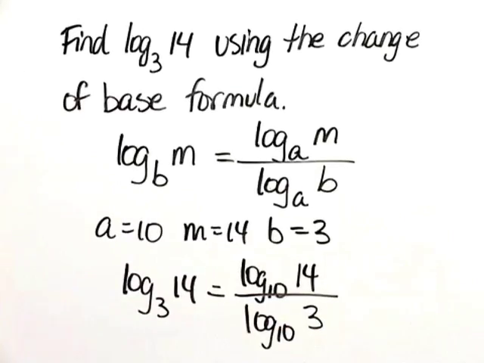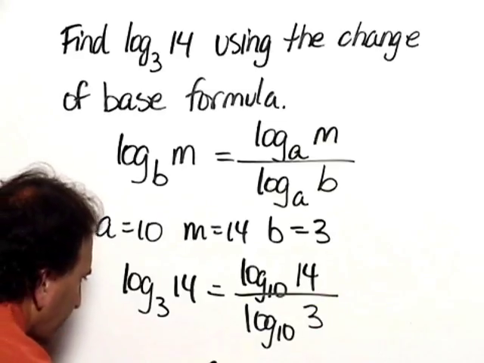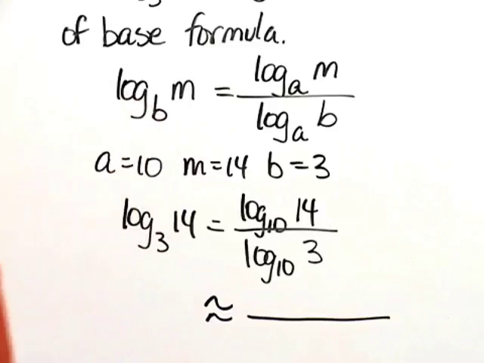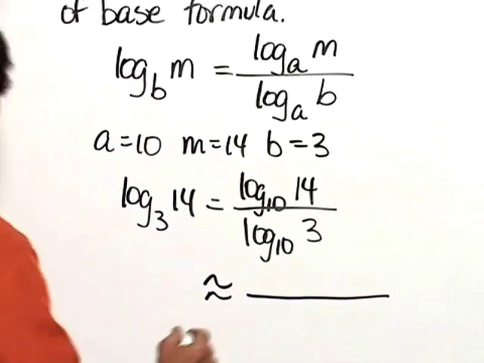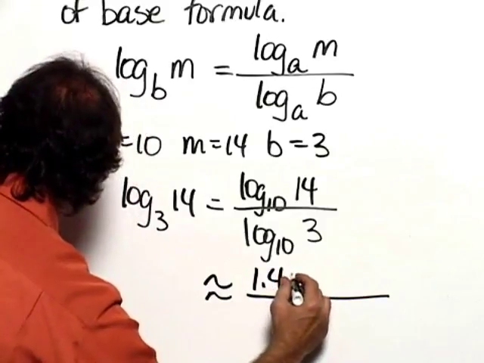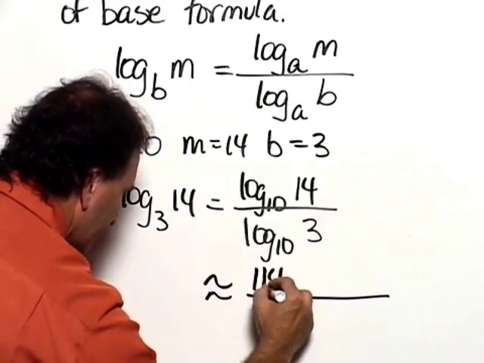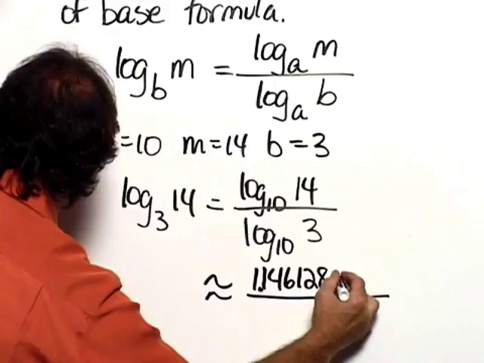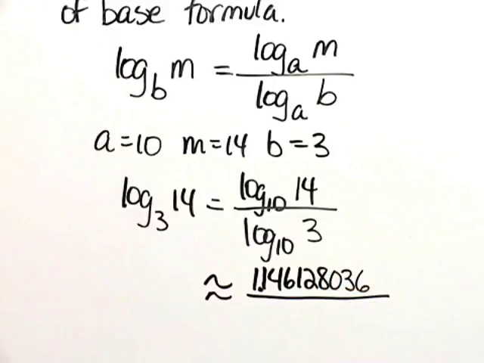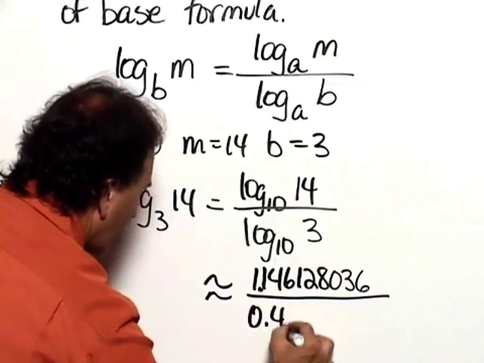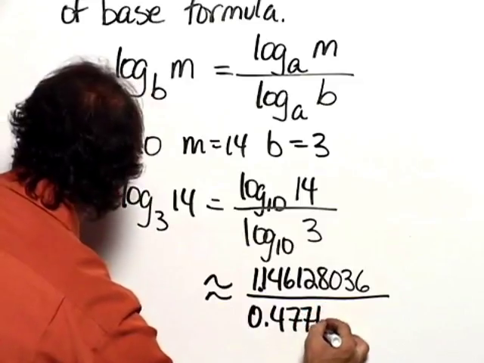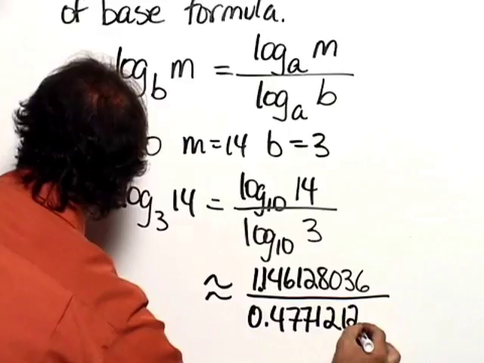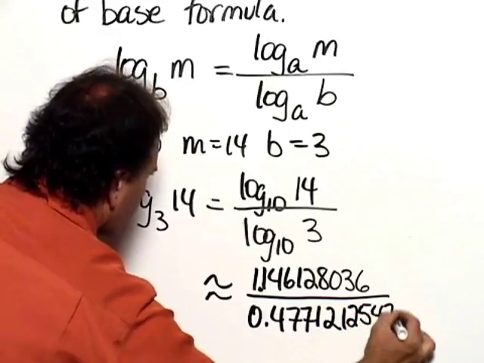And then substituting that into a calculator, we would find that this is approximately equal to the quotient of log base 10 of 14, which is equal to 1.461280336, and that would be divided by the log base 10 of 3, which is 0.4771247.